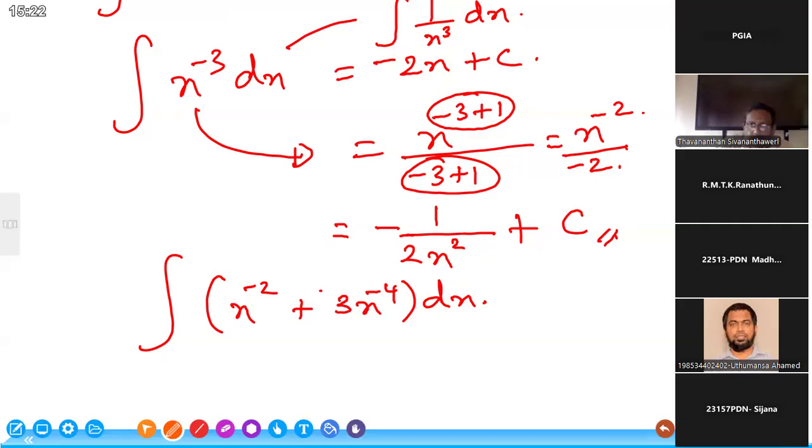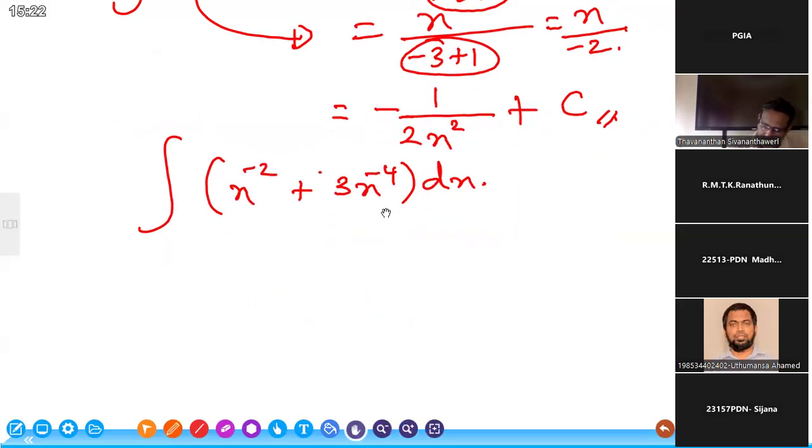Okay, we can continue. Right, what is the answer for this one? Integration of x to the power minus 2 plus 3x to the power minus 4.